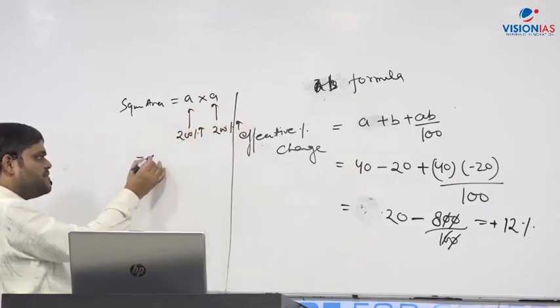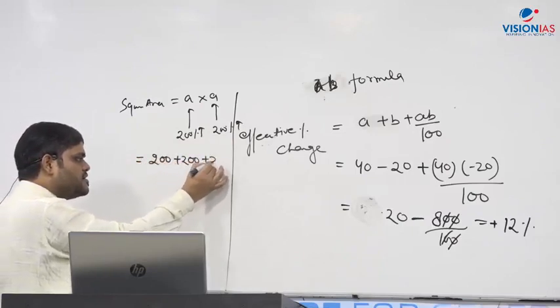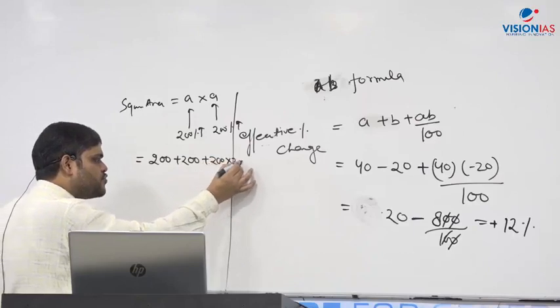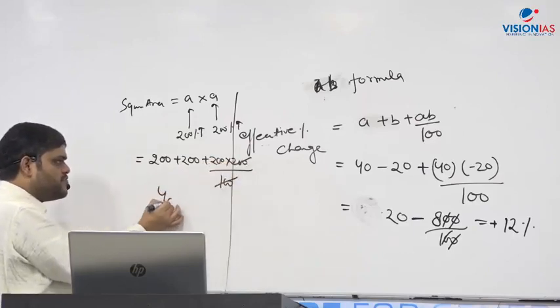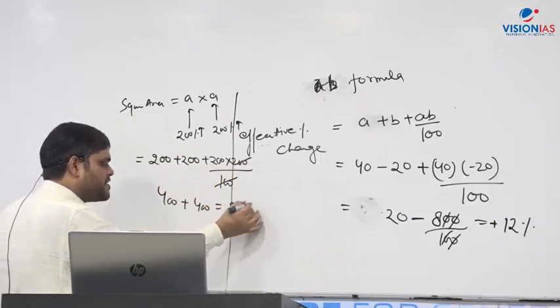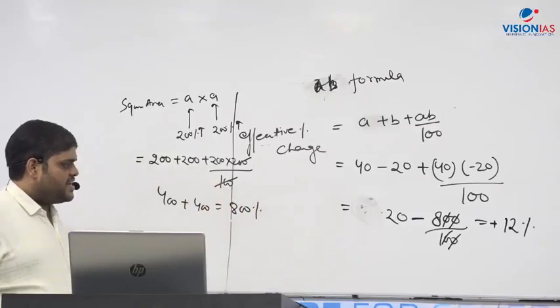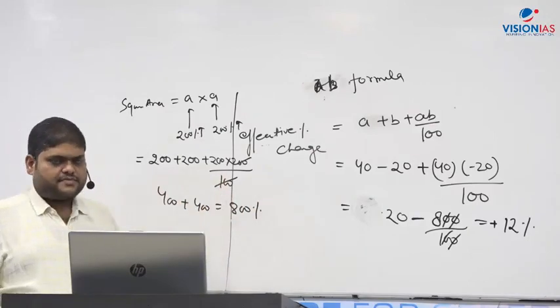So what will be the AB formula? 200 plus 200, plus 200 into 200 upon 100. This becomes 400 plus 400, which is 800%, and it is positive. That means the change is 800%.